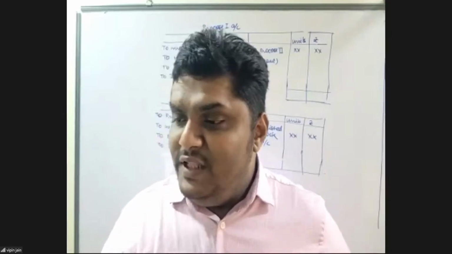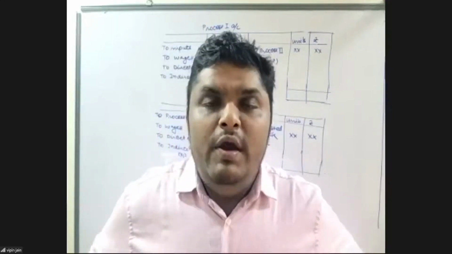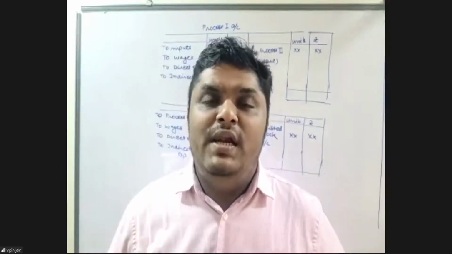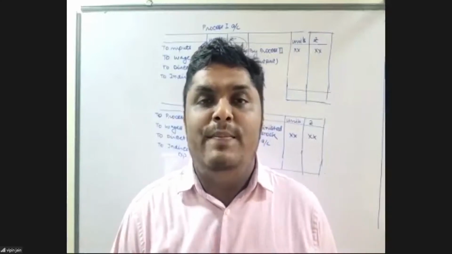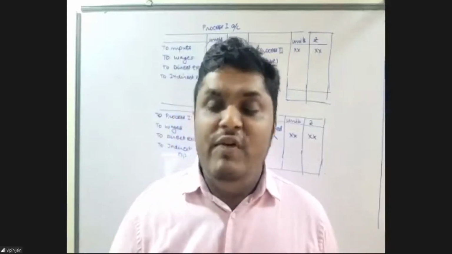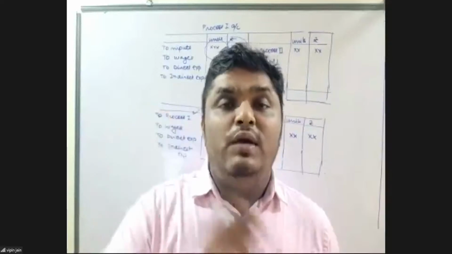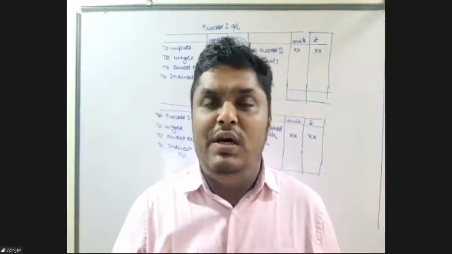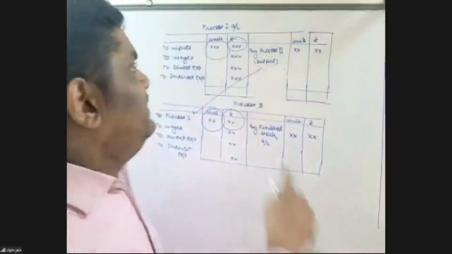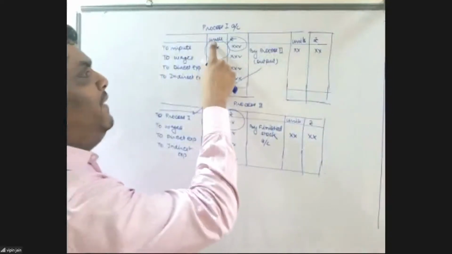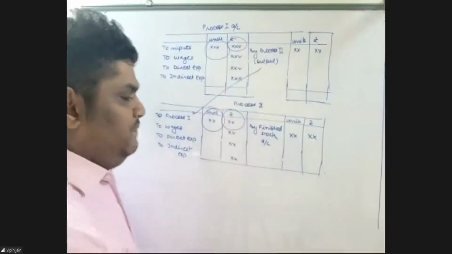So guys, let's start with illustration number 1. Now in this question, no information is given about normal loss or abnormal gain. Further, the question is asking us to calculate the cost per unit also and the total cost. So instead of preparing the units column, we'll be preparing per unit cost and total cost.